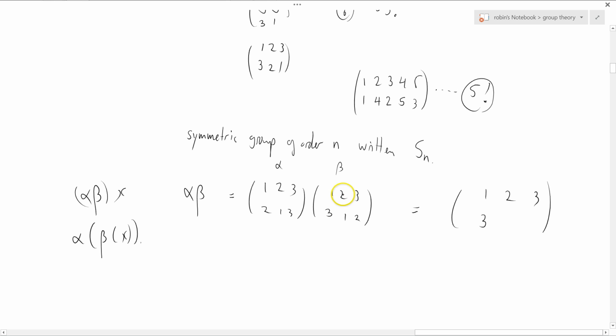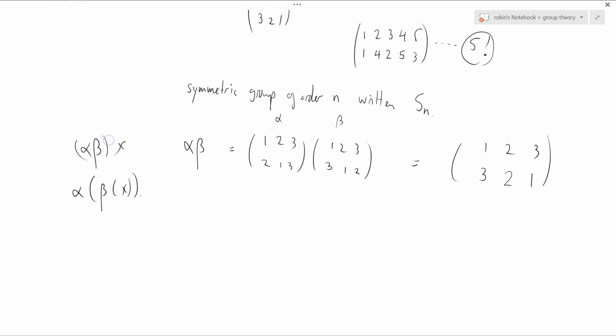Right, where does 2 go? 2 goes to 1, 1 goes to 2, so 2 maps to itself, and 3 goes to 2, and 2 goes back to 1. So we can see it's nice and injective. I'm sorry, so it's still bijective, which is as it ought to be, and it's equal to this function here, which sends 1 to 3, 2 to 2, and 3 to 1.